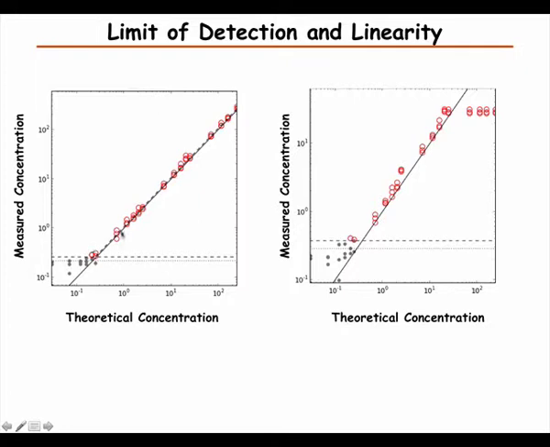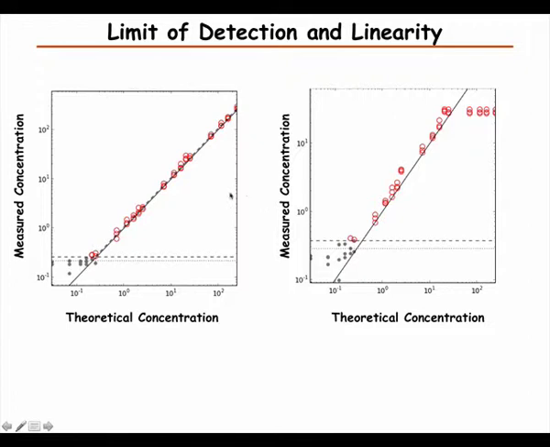We probably use the few points close to the limit of detection. So in both these cases, what we see is that they have rather similar limits of detection. The points below the limit of detection are shown in gray, and the other ones in red.